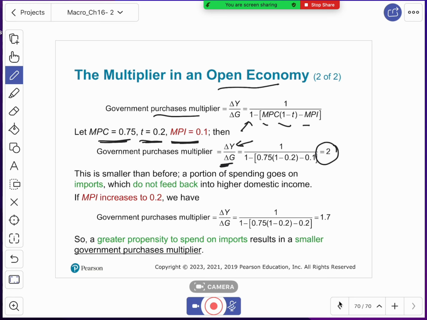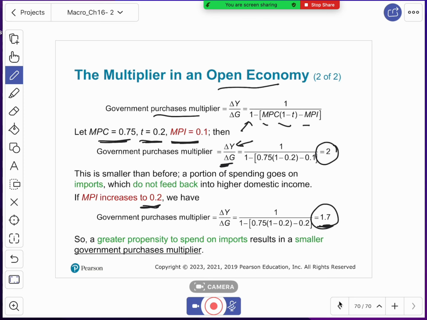Now suppose that we have an increase in the marginal propensity to import to 0.2. It's like you're giving money out of the country, right? Then you would expect the value of the multiplier to drop because you're spending more out of the economy, so the impact on real GDP would be less.